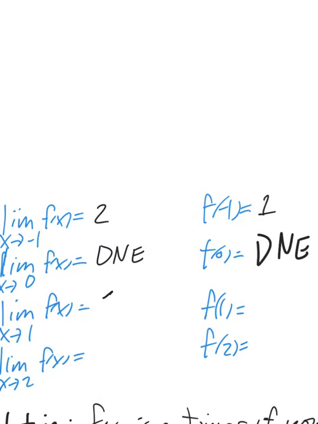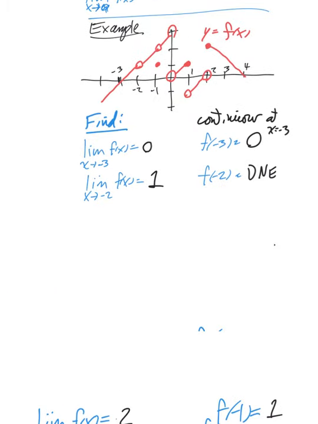So the limit does not exist because there's no one thing that f of x is always close to, but in this case the function exists. Its value is 1, and that's very simple. And at 2, a similar thing happens, which is that the function is sometimes close to 0 and sometimes close to 2, so the limit doesn't exist, but the value of the function is 2.